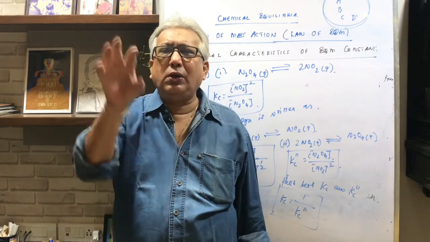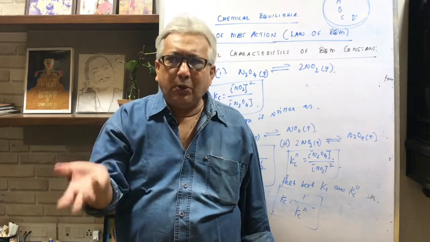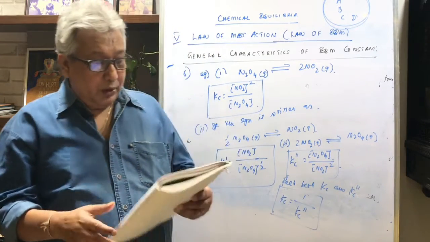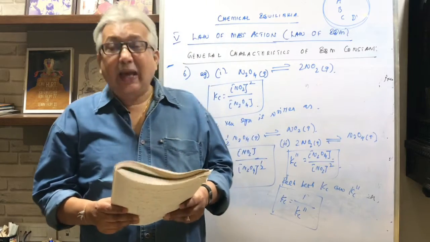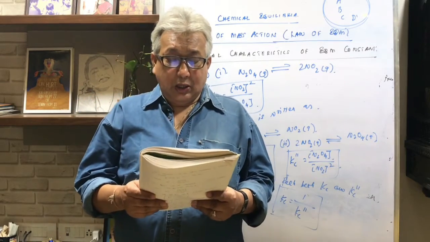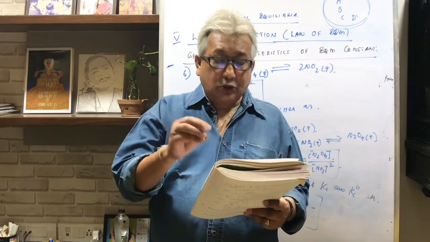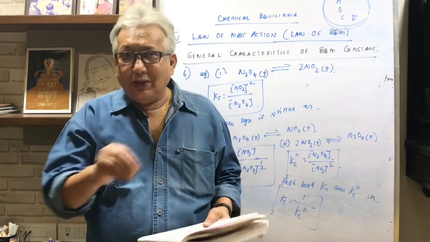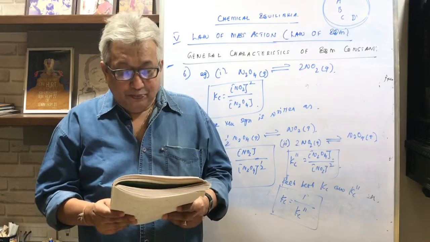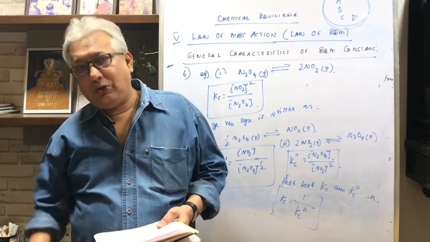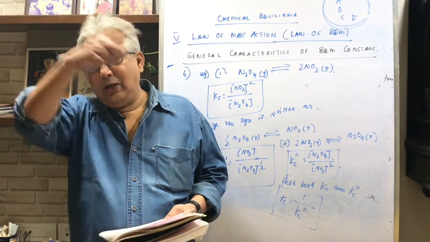But they will make sure that the ratio of the concentration of products to the concentration of reactants remains the same. Point number 3, the expression of equilibrium constant may contain the concentration of molecules in the solution, that is, if it is present in the solution state. It may also contain the concentration of gaseous molecules in the gaseous state.